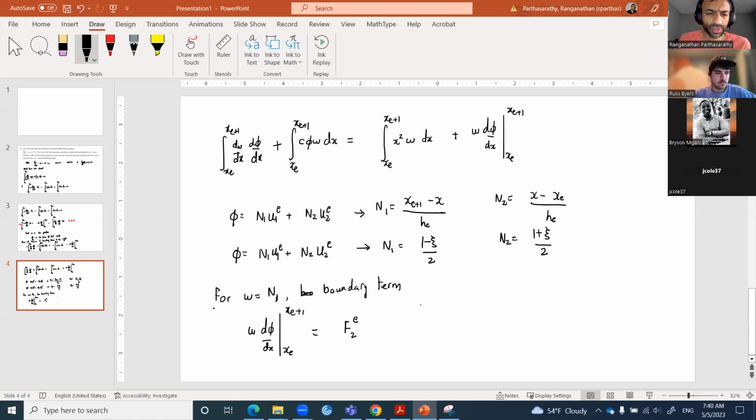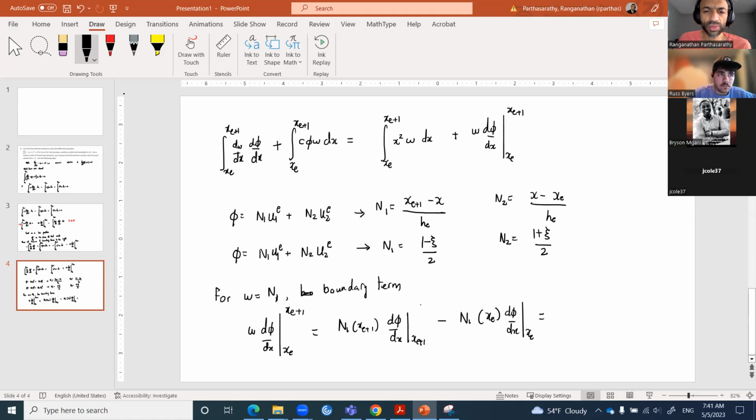Let's write out the whole thing. We have N1 at x_e+1 dphi by dx at x_e+1 minus N1 at x_e dphi by dx at x_e.